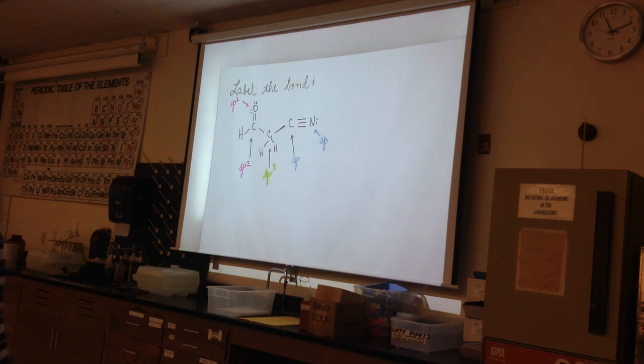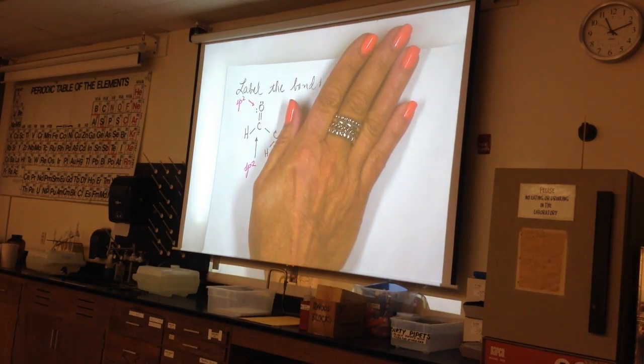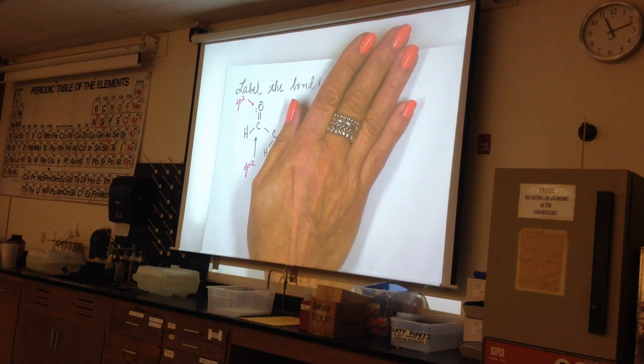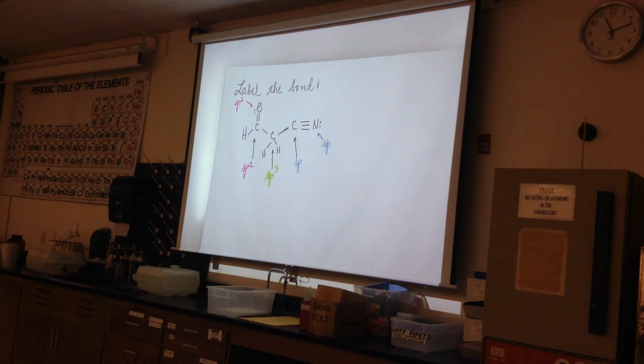So this is what I want you to do. I want you to label all the bonds around the sp2 site. So all we want is to label all the bonds. I'll write that in English.